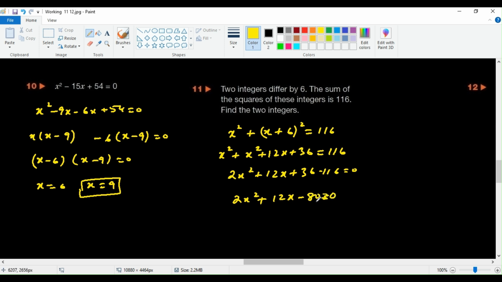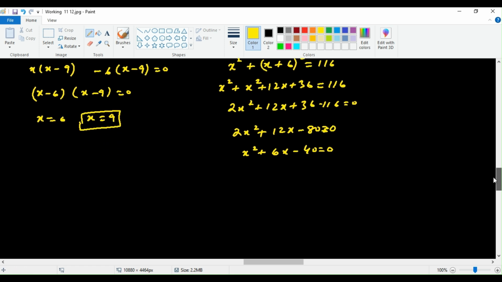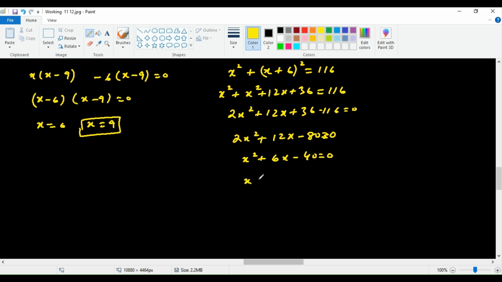equals 0. Now dividing the whole thing by 2, it's going to give us x squared plus 6x minus 40. Now this is going to be x squared, and we know very well that 10 times 4 is 40. So plus 10x minus 4x is going to give us a plus 6, and 10 times 4 is 40.